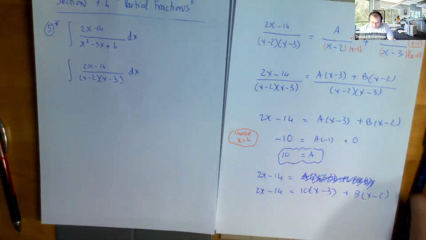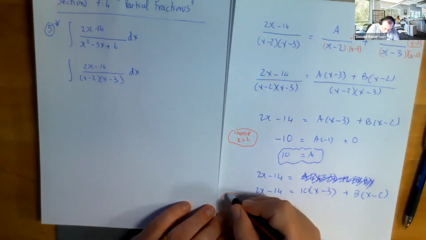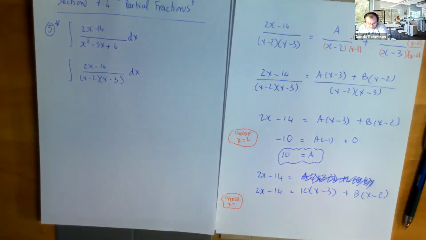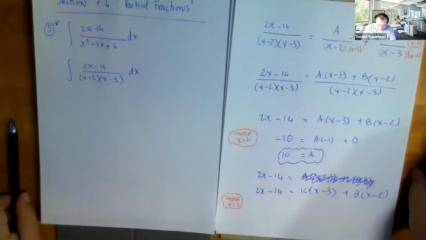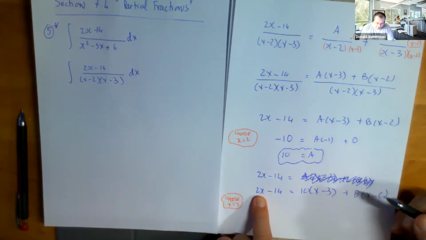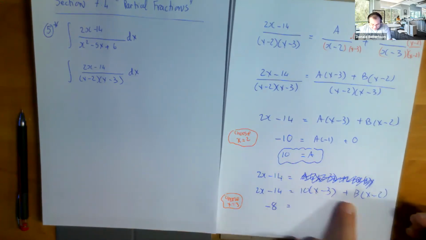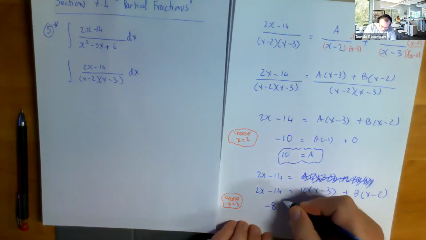In this particular situation, it really doesn't matter, but later on it does for other questions. Okay, I need to choose another x, don't I? Who's a good idea this time? 3. I would. And if you choose 3, 2 lots of 3 are 6. 6 take away 14 is negative 8. This becomes 0. And this becomes 3 take away 2, which is 1, which is b. Oh, I don't need to do any work. I got it already.